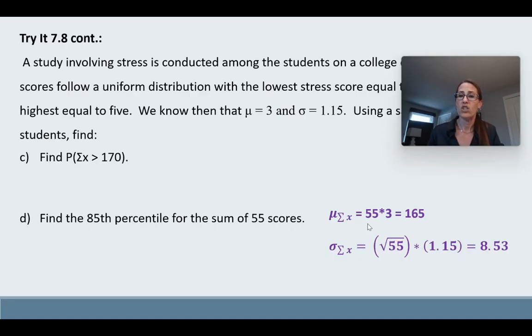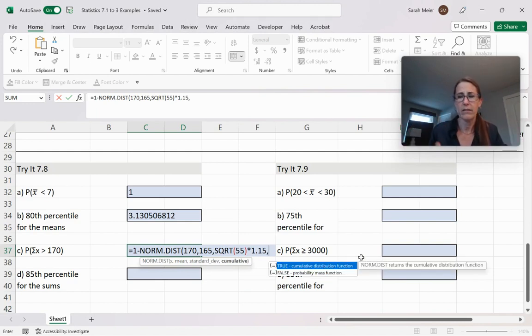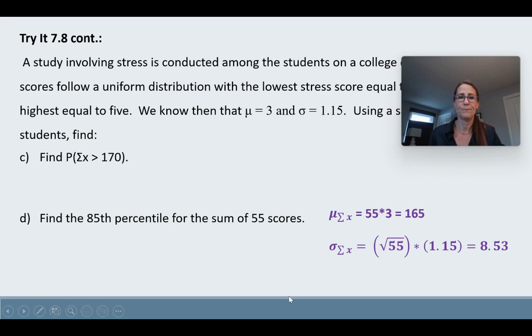The standard deviation, I'm going to type square root of 55 times 1.15. You could just put in that number, but again, we have rounding errors a couple of times here. And then the word true. So about 0.2789. The probability that the sample sums are greater than 170 is 0.2789, or a little more than 27%.